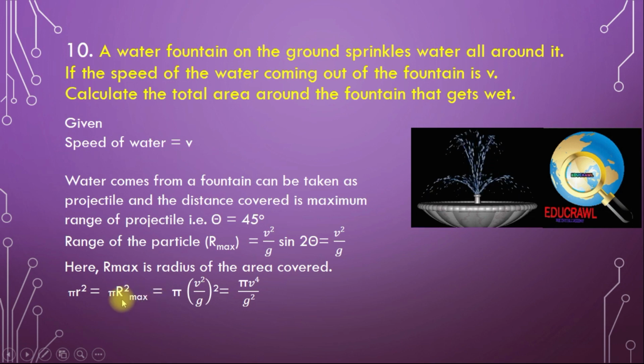We know the formula for R max is V squared by g. Substituting for R max, we get pi into V squared by g, the whole squared, which is pi V to the power 4 divided by g squared. This is the total area around the fountain. If you know the V value and g value, substitute, and we can find the area around the fountain which gets wet.